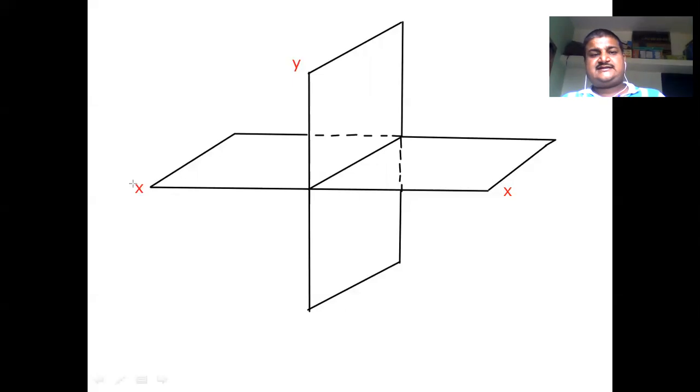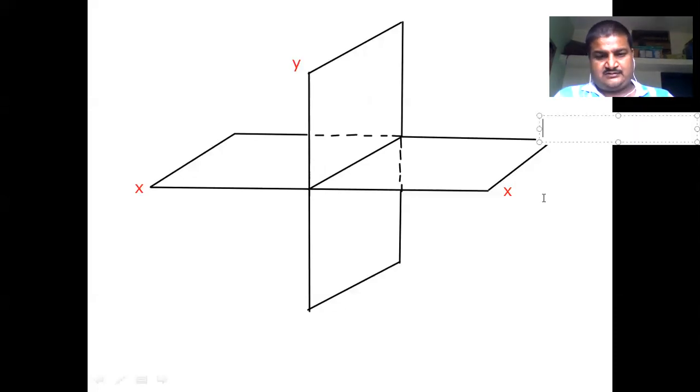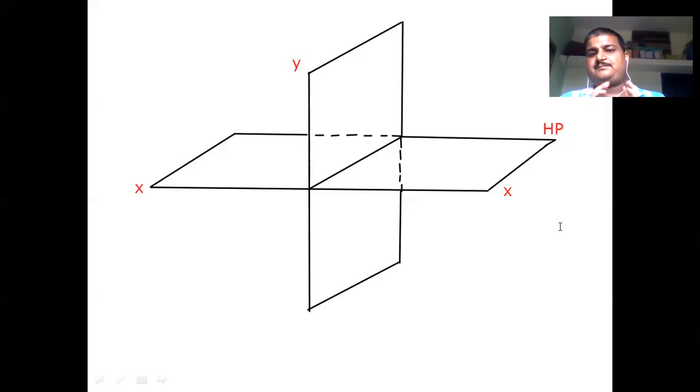And that's why this plane xx is known by the name of horizontal plane. I will write it over here: HP. HP means horizontal plane.